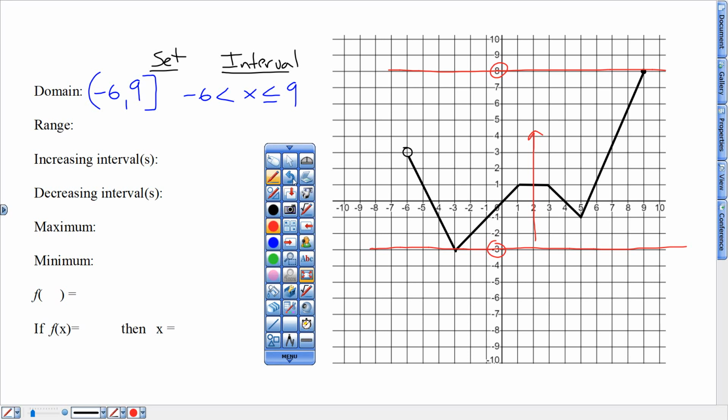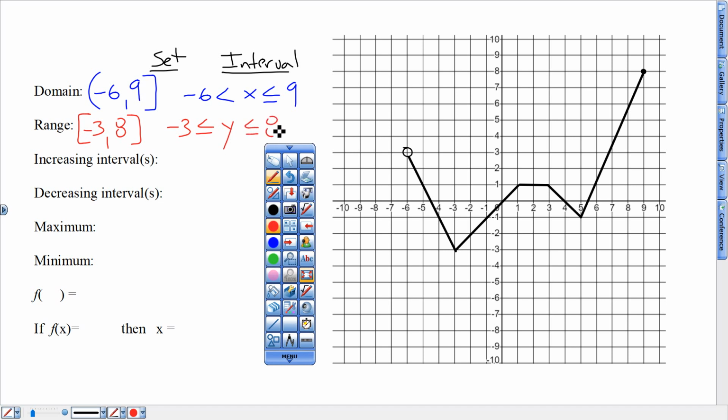So if I again write that in set and interval notation, set would be all the way down there from square bracket -3 up to 8 on the y-axis, another square bracket. Interval notation, -3 less than or equal to, with that line because of the square brackets, put y in there for range, less than or equal to 8.